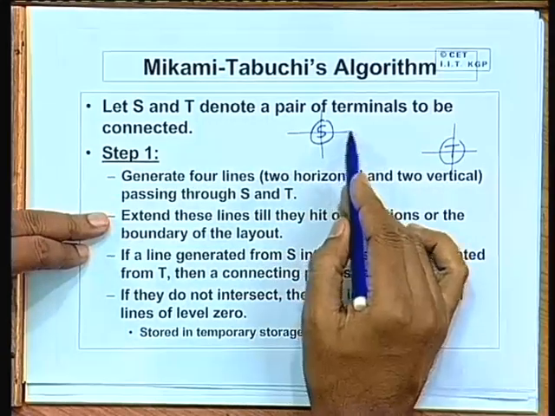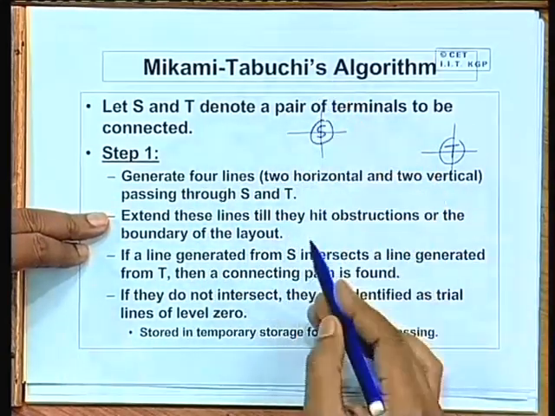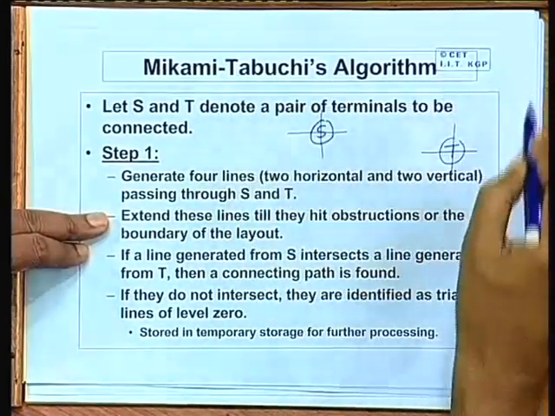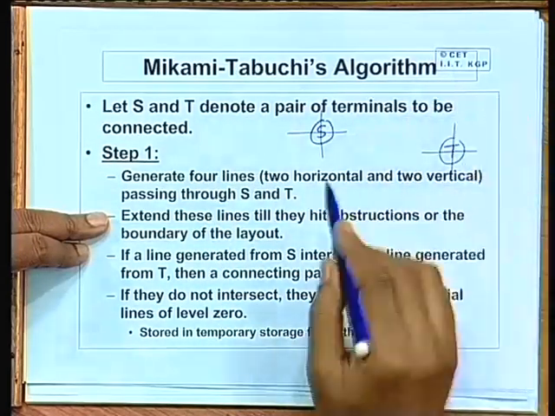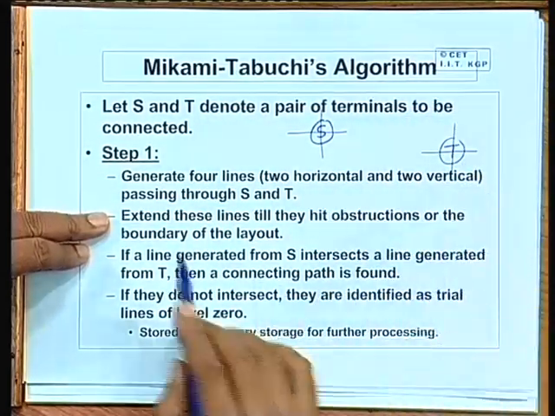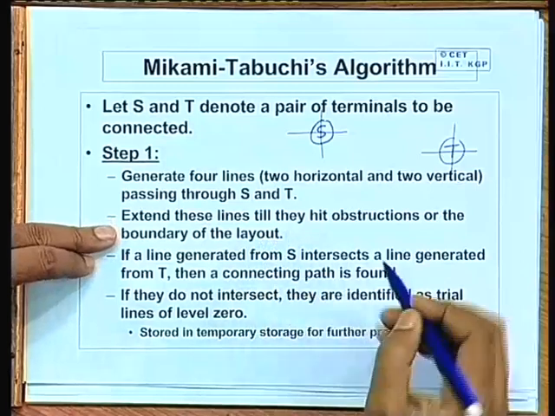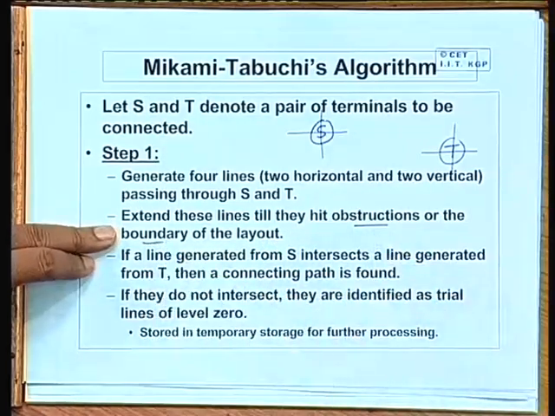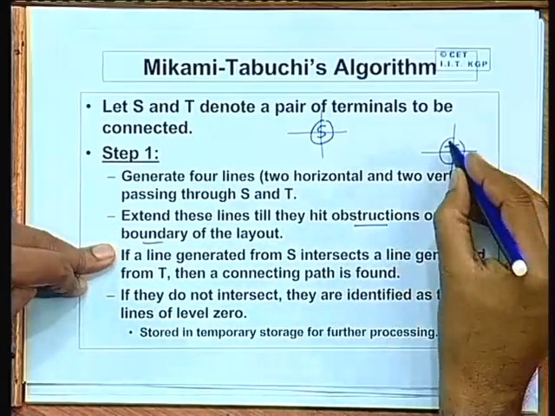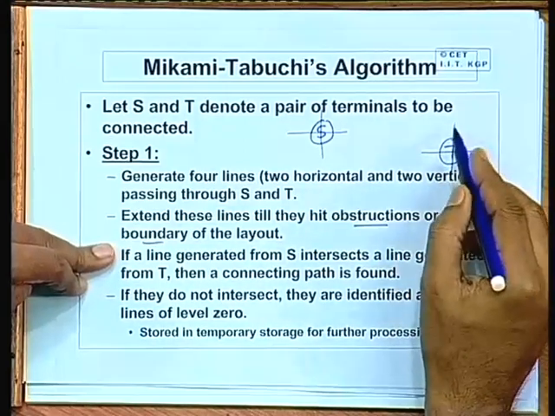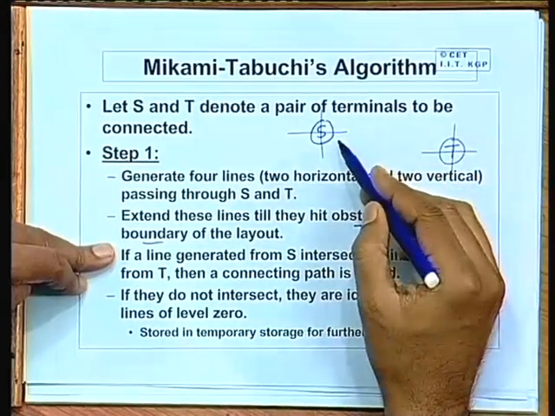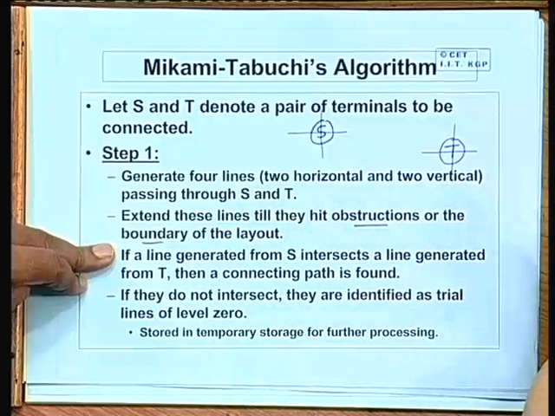Now these lines will extend in all directions till they hit the floor plan boundary or an obstacle. Now if a line starting from T intersects with a line starting from S, we have found the path.